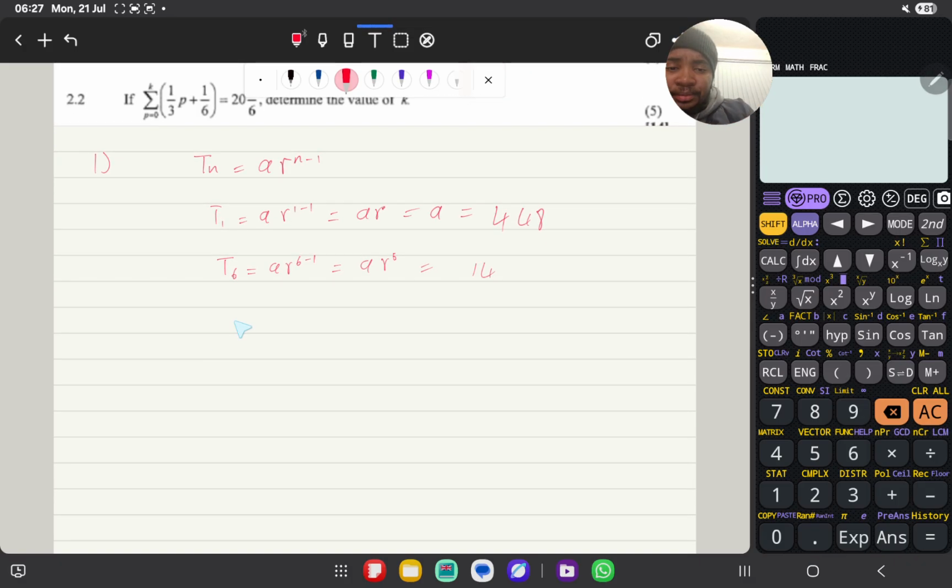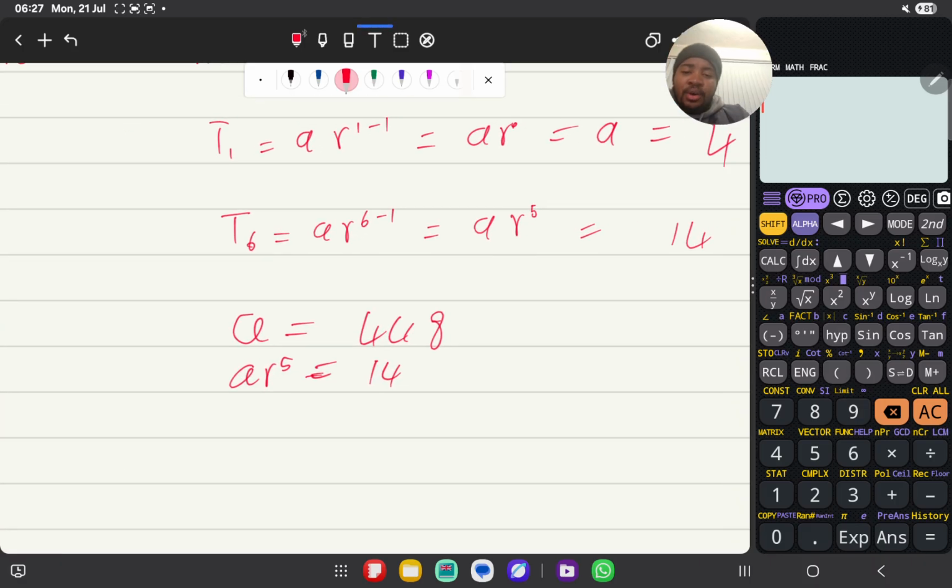So you have a equals 448, and then ar to the power 5 equals 14. When you substitute, you'd say 448 times r to the power 5 equals 14.